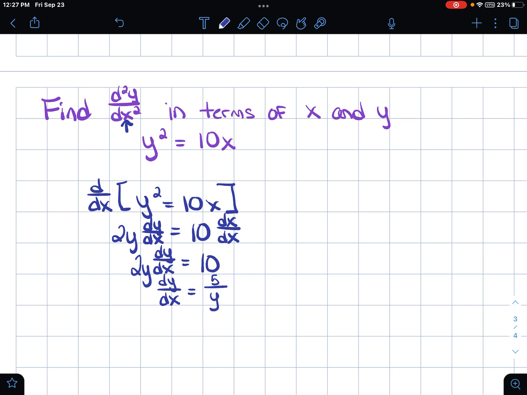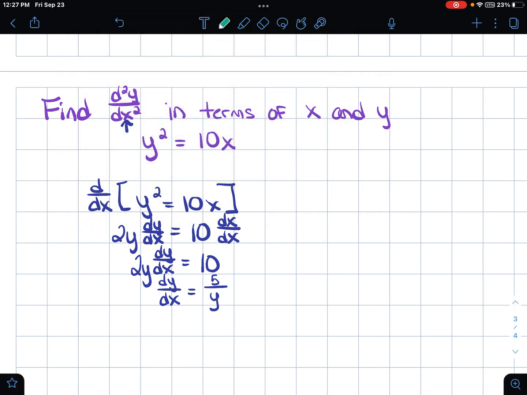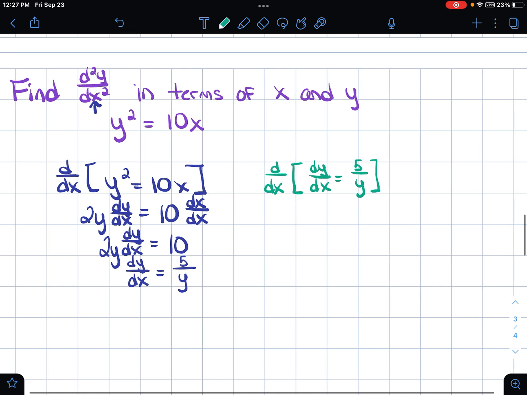There's the first derivative. The question asks us to find the second derivative. So our next step then is to differentiate the derivative. Find the derivative of the derivative. Okay, first things first. Finding the derivative of dy/dx, remember the d and the d, that's d squared y over dx squared. This right-hand side, the 5 over y, we get to use the quotient rule.